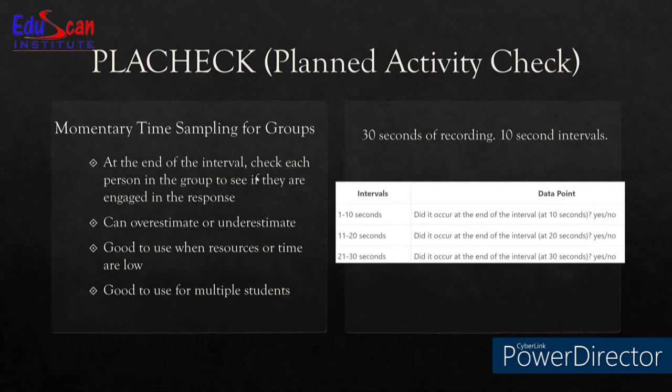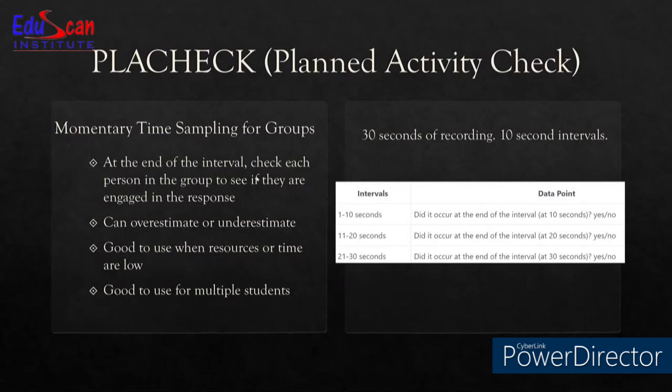At the end of the interval, check each student in the group to see if they are engaged in that response. It can overestimate or underestimate behavior, and it is good to use when resources or time are low. But it is good to use for multiple students, a group of students at one go.